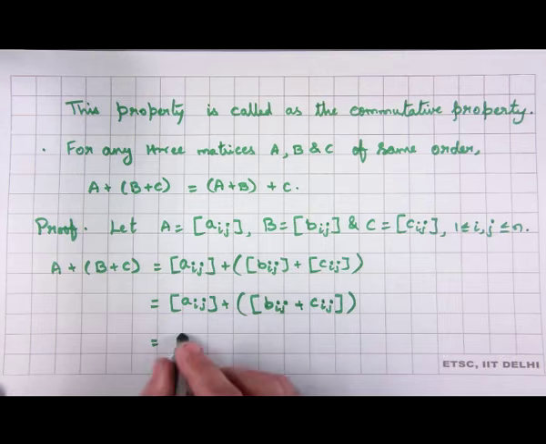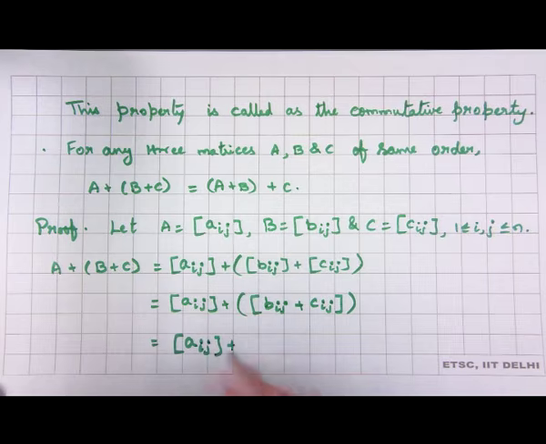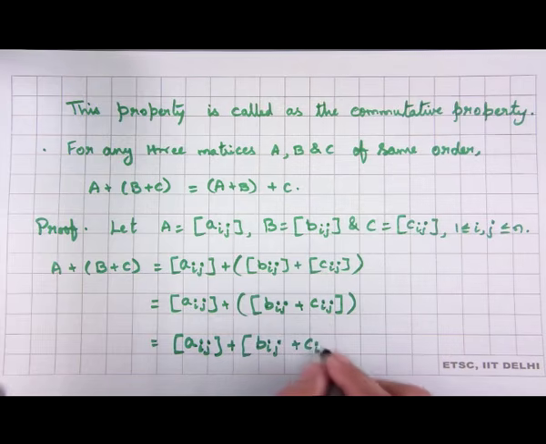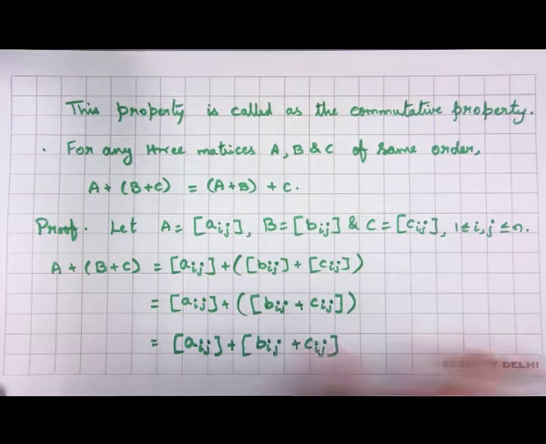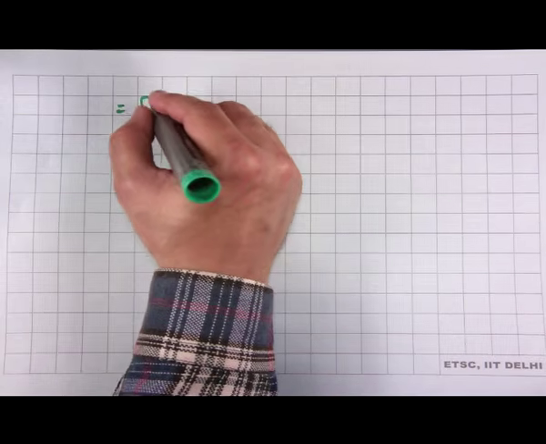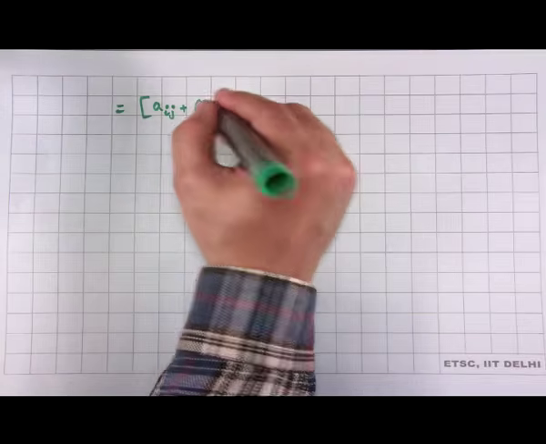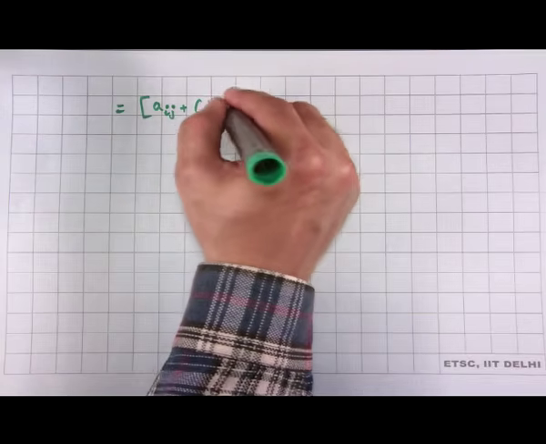What we have now are two matrices, one with entries a_ij and the other one with entries b_ij plus c_ij. Again, let us use the definition of the addition of matrices. What we will end up with is a matrix with entries a_ij plus (b_ij plus c_ij).